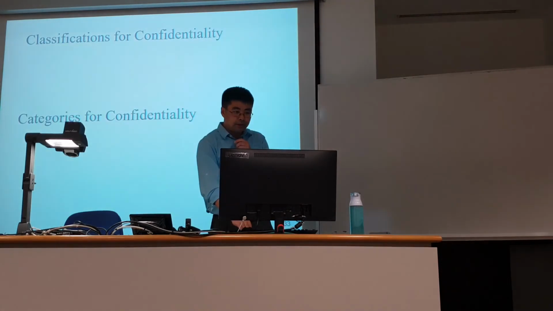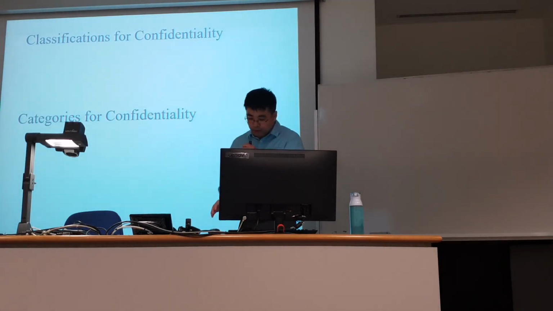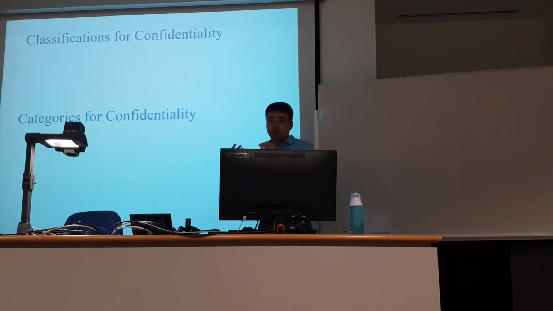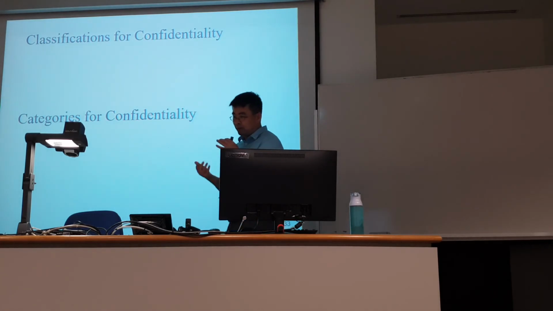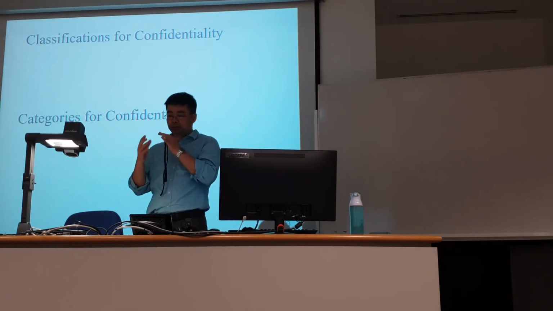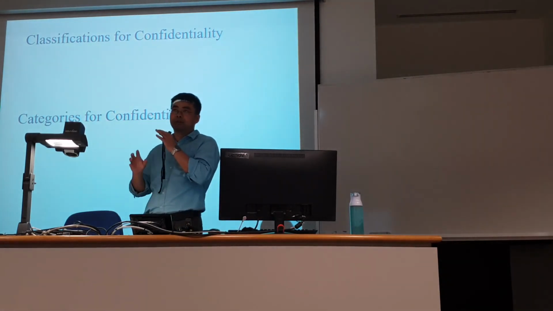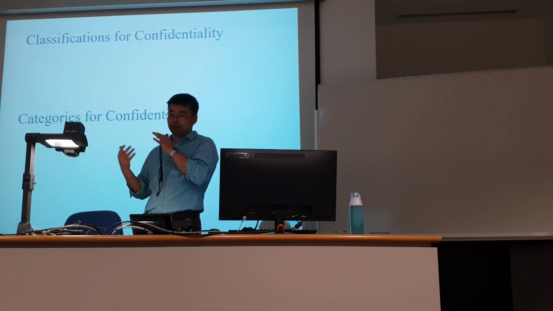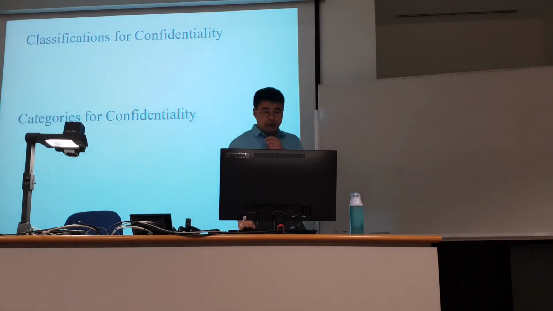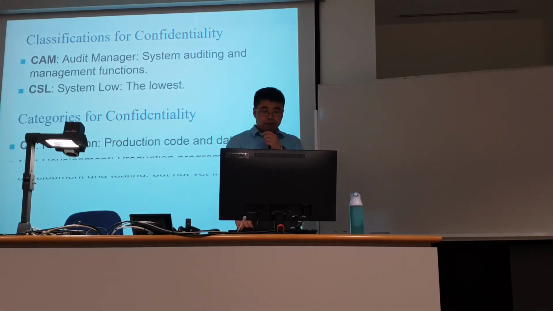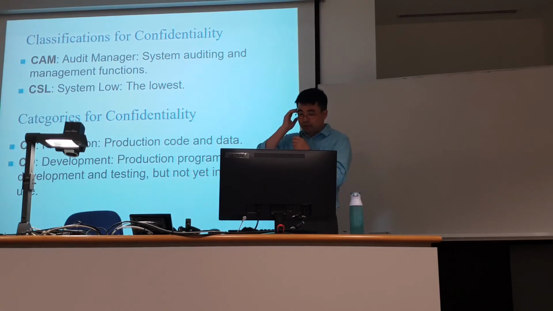Okay, so if we look at this model, it uses software development as an example. For software development, we want to ensure both confidentiality and integrity of the data, and probably also the code. For confidentiality, we define a lattice.